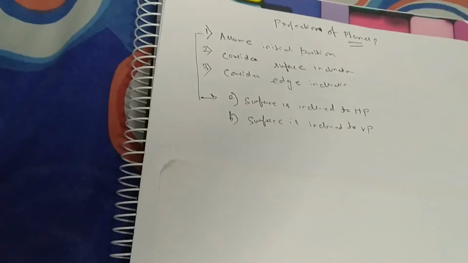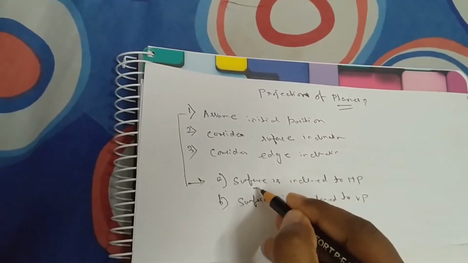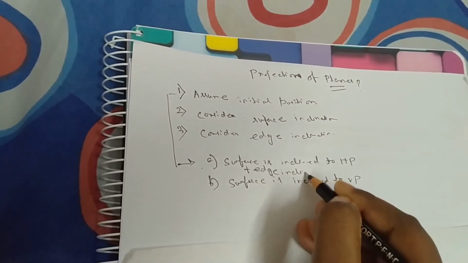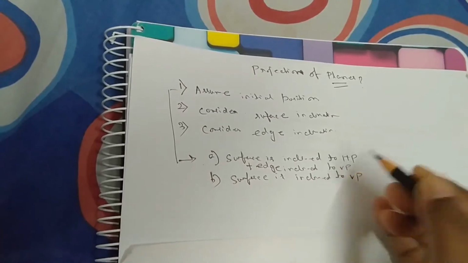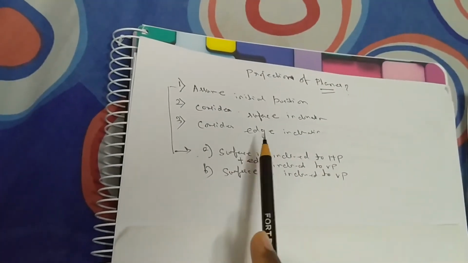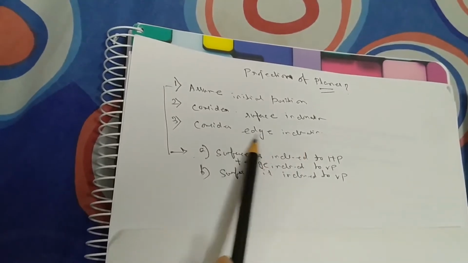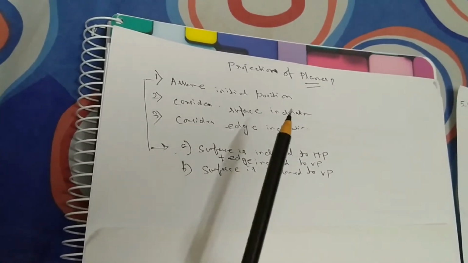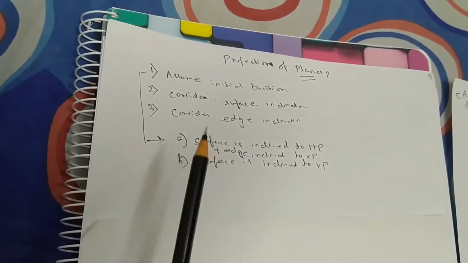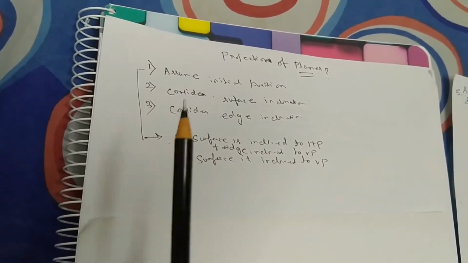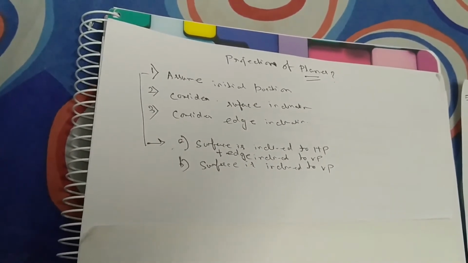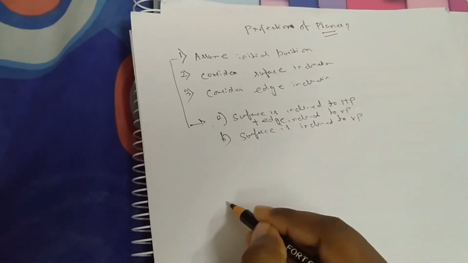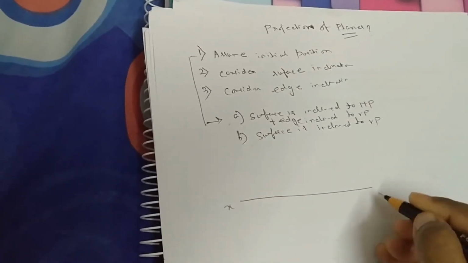Now if we are going to add another point over here, edge inclined to VP. Actually this is the third step, but if you have to make some arrangement, you have to do it in the initial position only. Why? See, I'm going to draw a 2D plane.